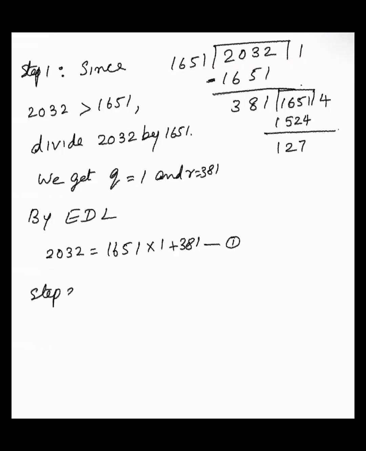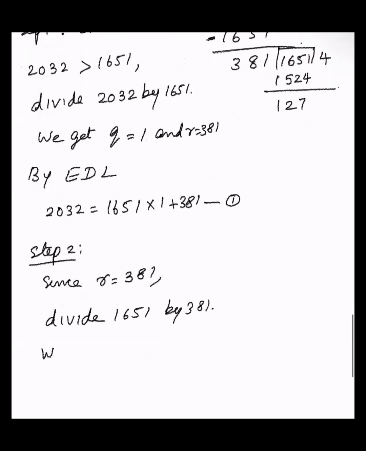Now step 2: since R equal to 381, we have to proceed with dividing 1651 by 381. We get quotient Q is 4 and remainder is 127.